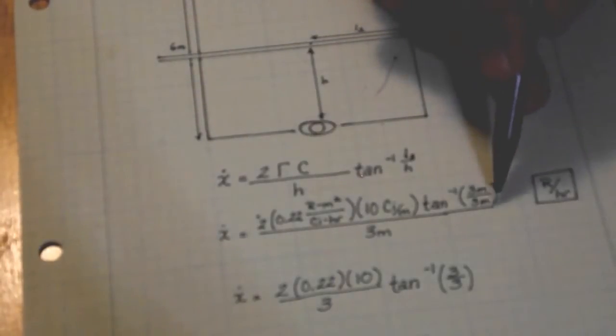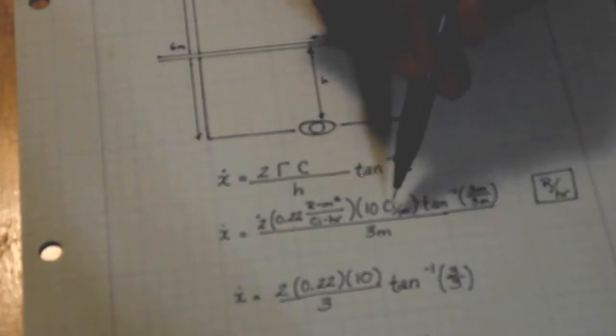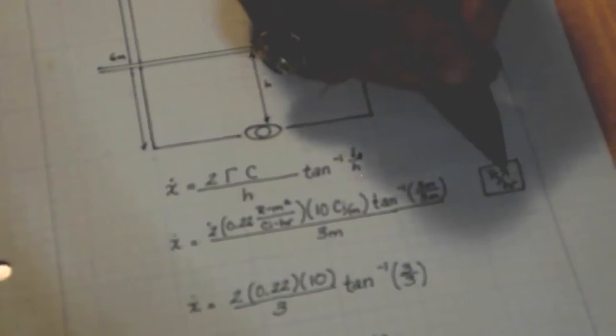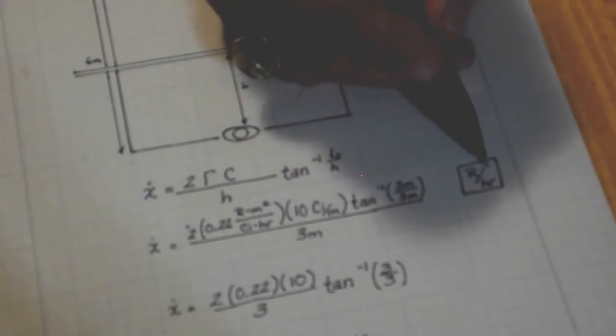So you go through here, meters cancel here and here, but this is a meter squared function, so another meter cancels. Curies here cancel, and what you're left with is R per hour, rem per hour, which is a measurement of radiation dose per hour, the result we're going for.